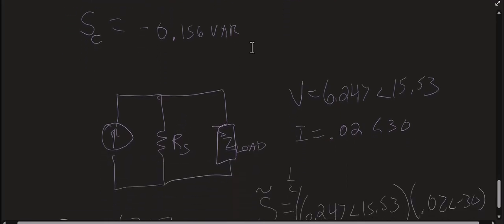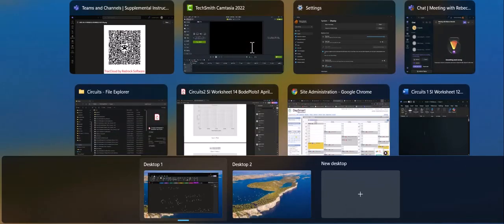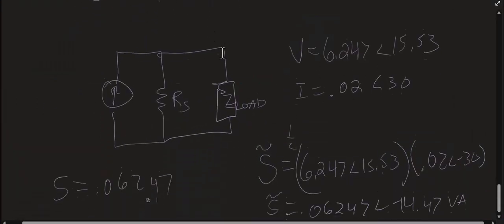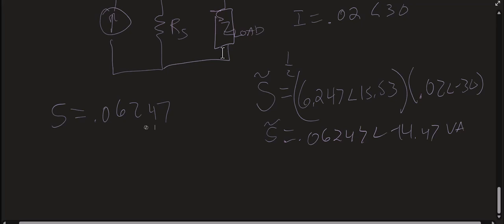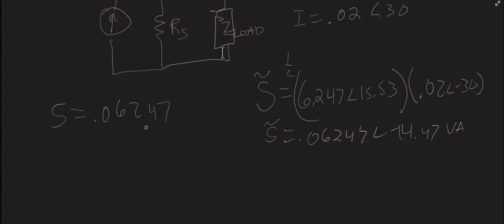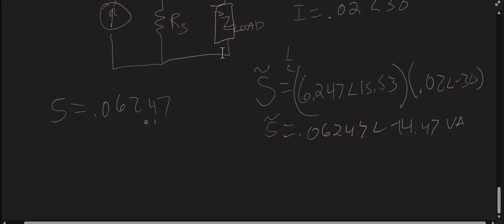I know that a lot of people don't, because with complex values it's like, what does that part even mean, the apparent power versus the real average power. But I find it easier just to do it this way, and then just pick out the parts that I need. Okay, all right.